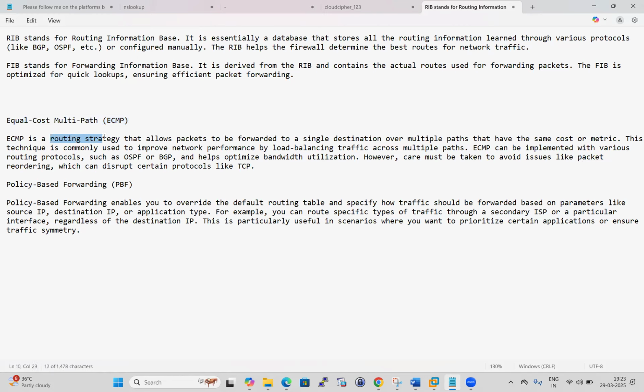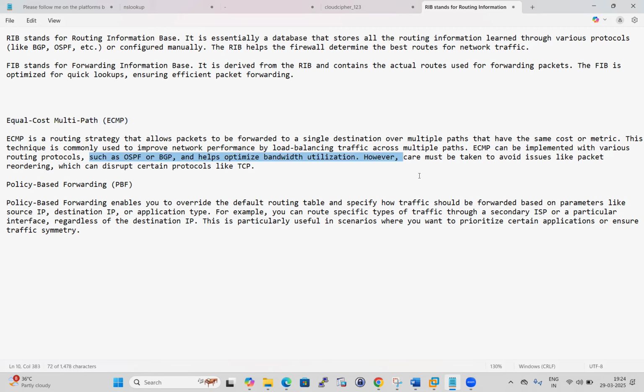ECMP is a routing strategy that allows packets to be forwarded to a single destination over multiple paths that have the same cost or metric. This technique is commonly used to improve network performance by load balancing traffic across multiple paths. ECMP can be implemented with various routing protocols such as OSPF or BGP and helps optimize bandwidth utilization.